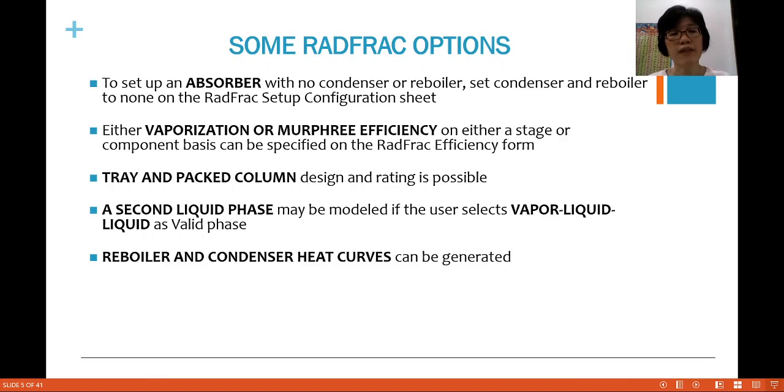Then in RadFrac, you can also include the vaporization or Murphy efficiency on either a stage or component basis in the RadFrac efficiency form. So you can also do the design and rating of the tray and packed column.